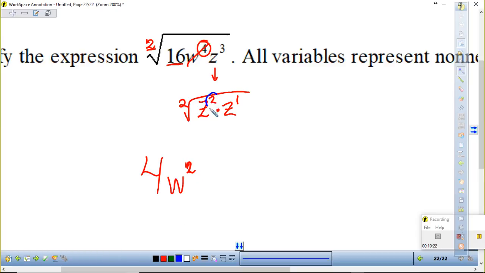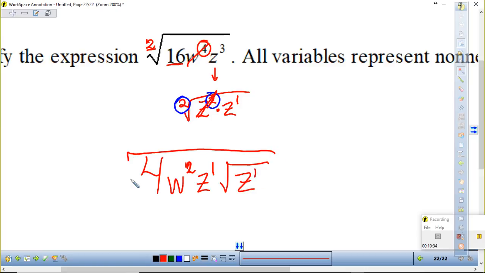What is 2 divided by 2? Z to the first, so we're done with this one. And what's the only thing left? Square root of z to the first. Yes? Do we need another one of those? Okay, let's move on. Let's go to number 8.